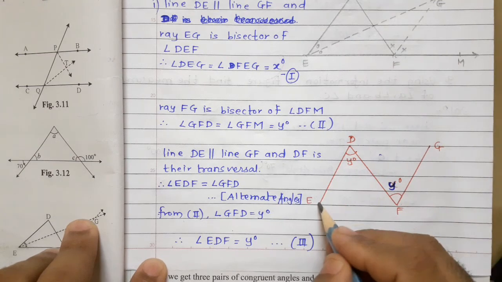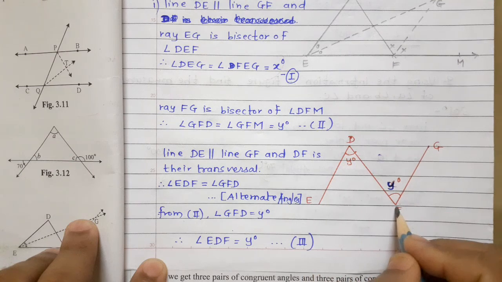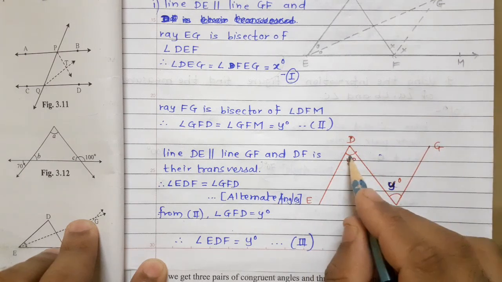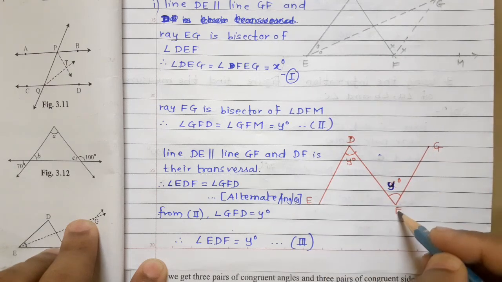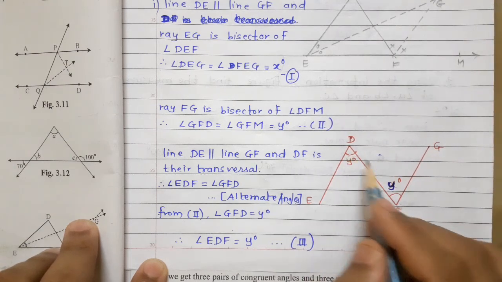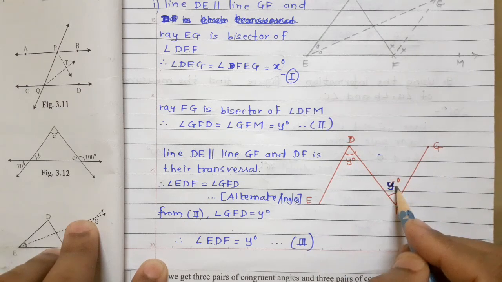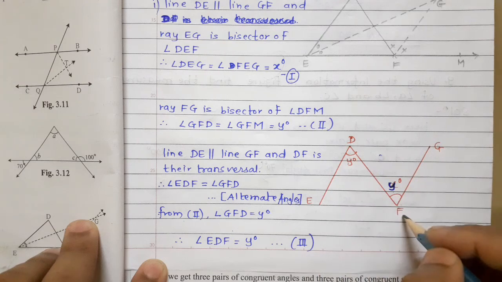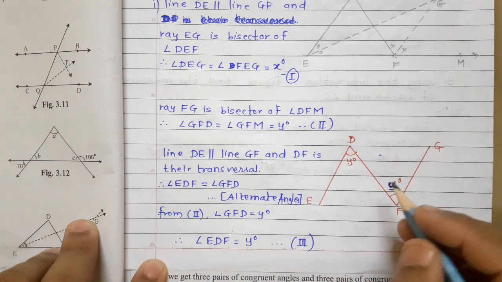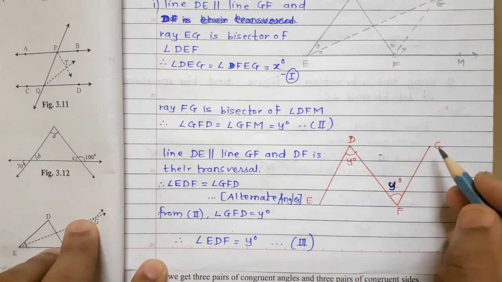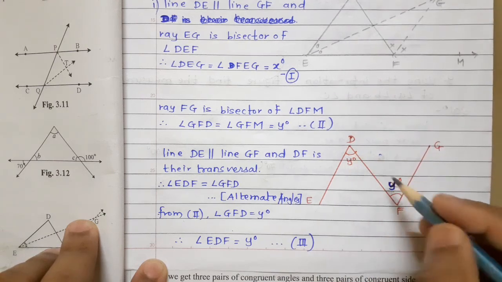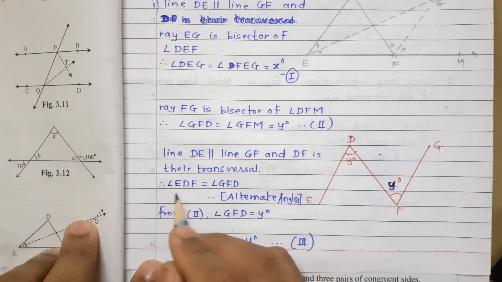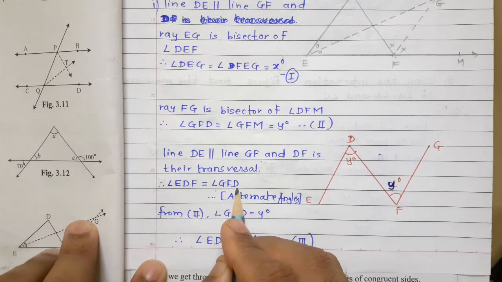Angle EDF and angle GFD, these two angles are alternate angles. Line DE is parallel to line GF and DF is their transversal. Then angle EDF and angle GFD are alternate angles, and we know that alternate angles are equal. Then we can write angle EDF is equal to angle GFD.